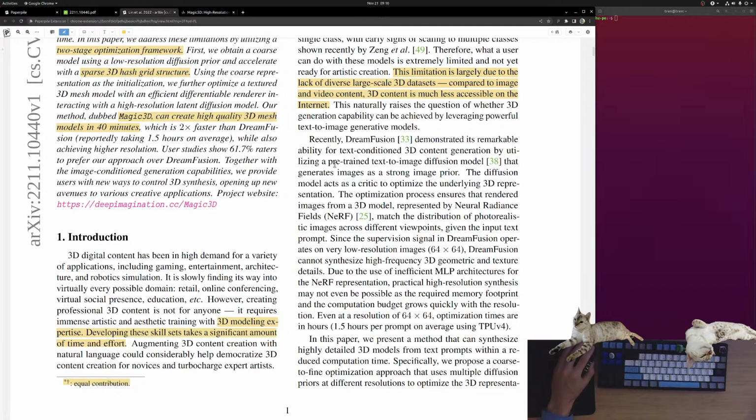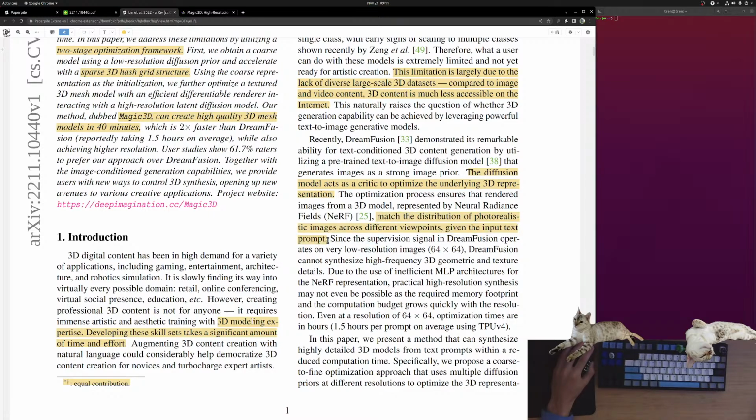Text condition 3D by utilizing a pre-trained text-to-image diffusion that generates images as a strong image prior. So this is Dream Fusion. This is how Dream Fusion works. The diffusion model acts as a critic to optimize the underlying 3D representation. The optimization process ensures that the rendered images from a 3D model represented by a neural radiance field match the distribution of photorealistic images across different viewpoints given the input text prompt.